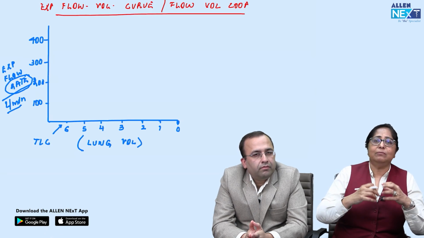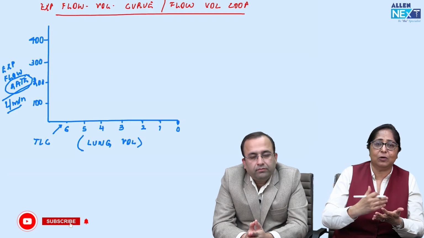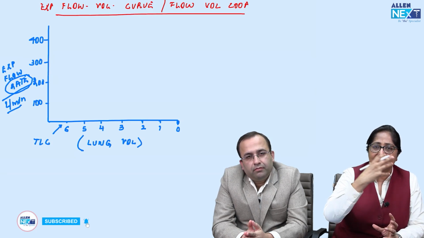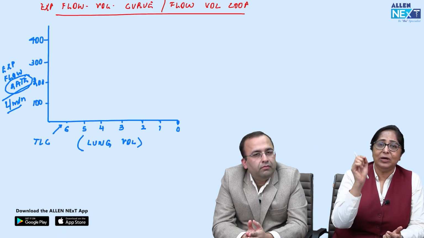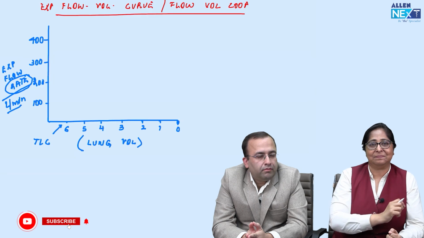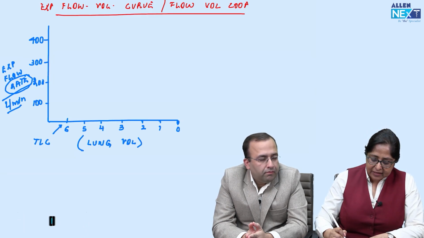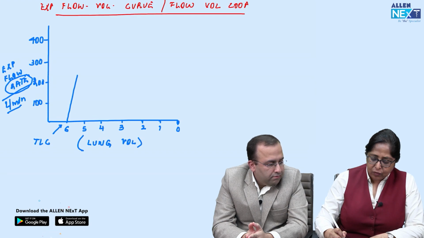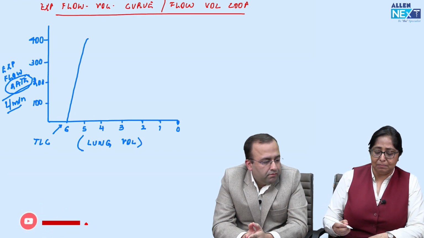So he starts from total lung capacity. Now we ask him to breathe out forcefully and as fast as possible. Now he breathes out into a very special type of spirometer. It's a computerized spirometer, which will record the expiratory flow rate. So what do we find? When he begins to expire, there is an increase in the expiratory flow rate, 100, 200, 300, 400 liters per minute.